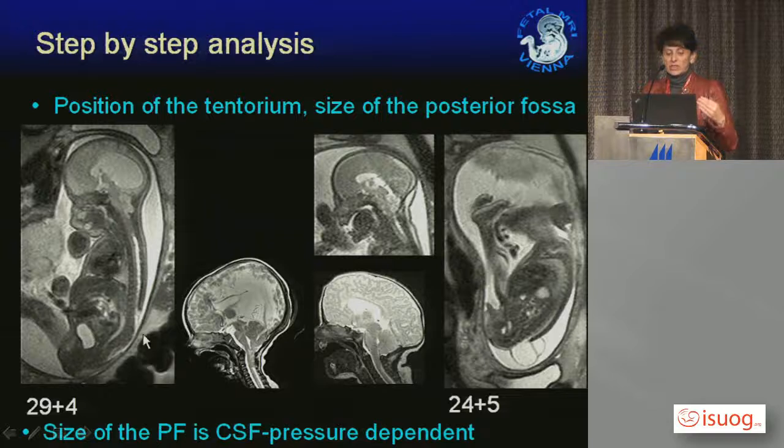If the spinal cord is closed, then there is some CSF pressure that is necessary to form a posterior fossa. If there is a cyst, the pressure may be less intense and the posterior fossa may be small. So this is after the hydrodynamic theory of McLone and Knepper, but it is true for these malformations.